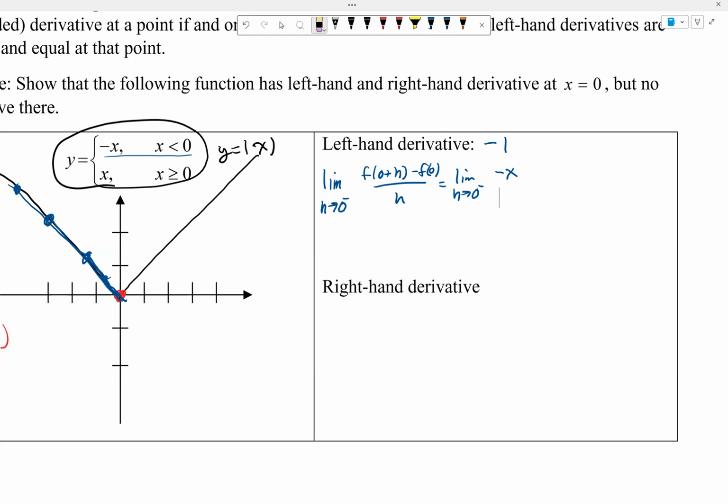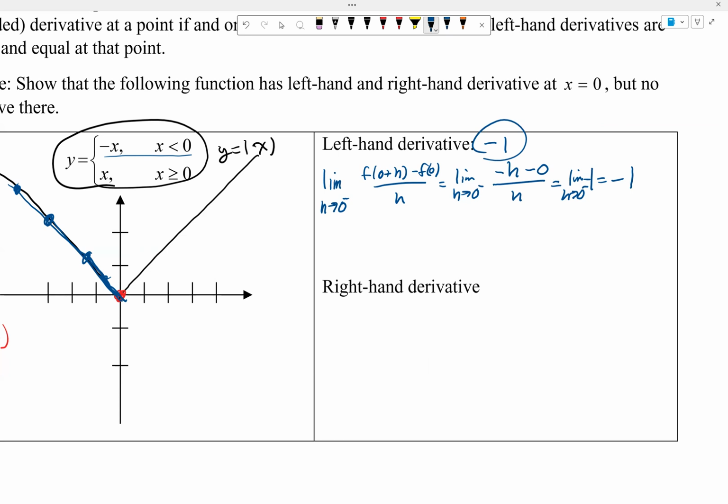Sorry, it shouldn't be negative x. That should be negative h minus 0 over h. Well, that looks like the limit as h approaches 0 from the negative side of negative 1. Okay, that's just what we thought it was. The slope was negative 1 as long as we approach from the left-hand side.